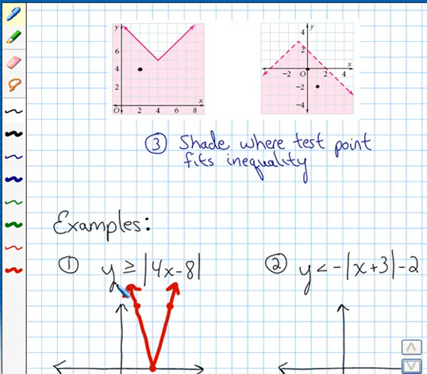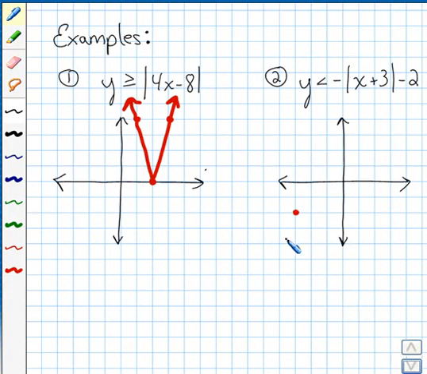So I'm going to take you through the first one here, where we have y is greater than or equal to the absolute value of 4x minus 8. Now keep in mind the following. When we go to look at what's inside, you're going to see the slope show up in the graph. The vertex is going to appear where this is equal to 0.